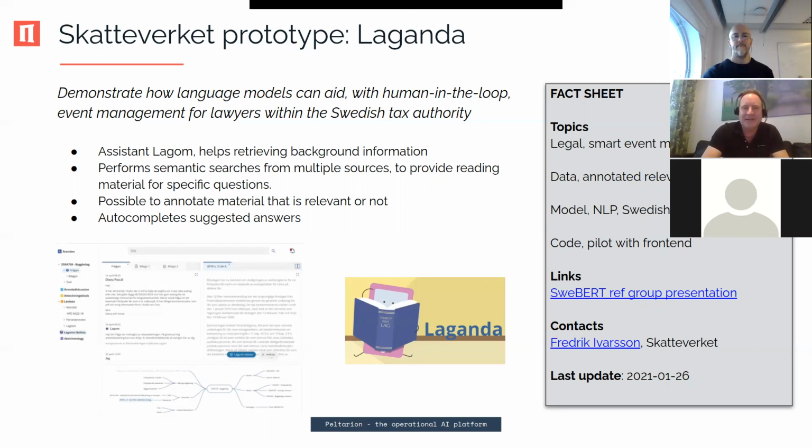But once again, you have some kind of use case, how they can use human in the loop to simply make the process of going through different events and quickly answer them in the best way possible, and using NLP techniques to search through different sources and simply make the process much more efficient by putting human in the loop together with AI.